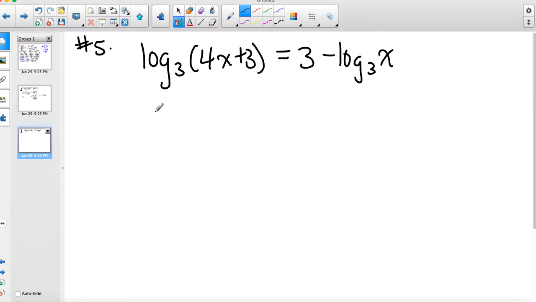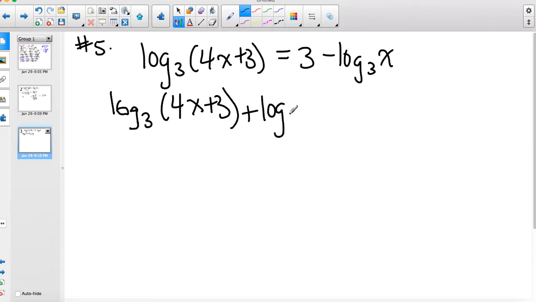Okay, so at this point, I'm going to put all my logs on one side, and I'm going to just change the sign because I'm just moving it over, and I'm going to keep my 3. Now there's 2 ways of doing this. You either recognize that this thing here is a 3, it's a number, and it's not a log.